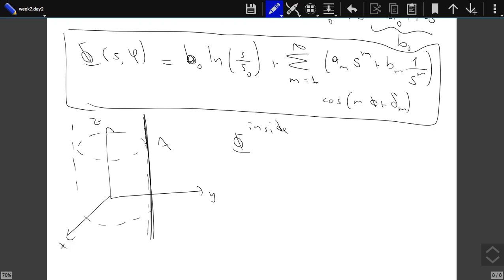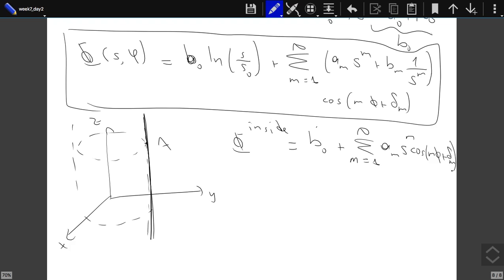So phi inside is actually equal to m is equal to 1 to infinity am. Now let me put it in this way: B0 plus m is equal to 1 to infinity am s to the m cosine m phi plus delta m. Well, I said that B0 has to be 0.